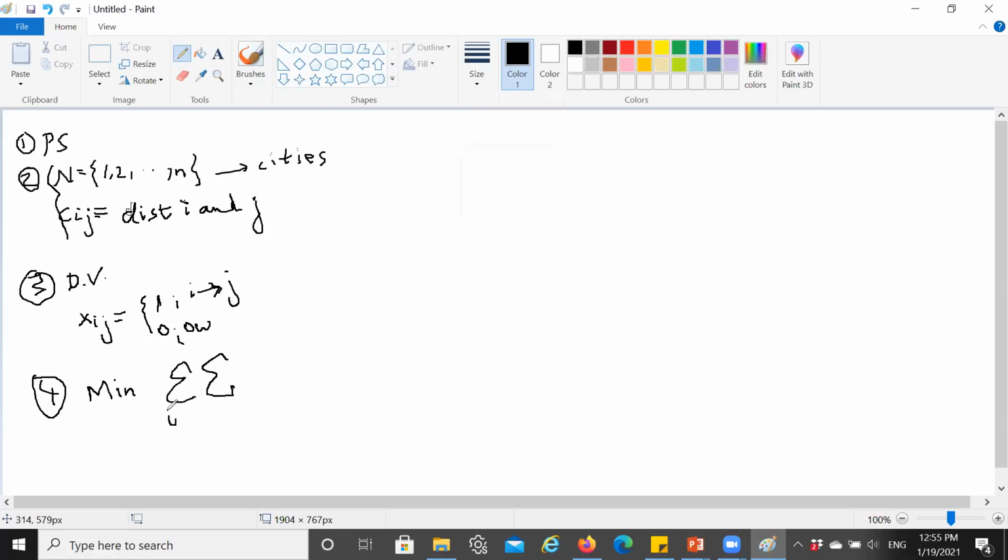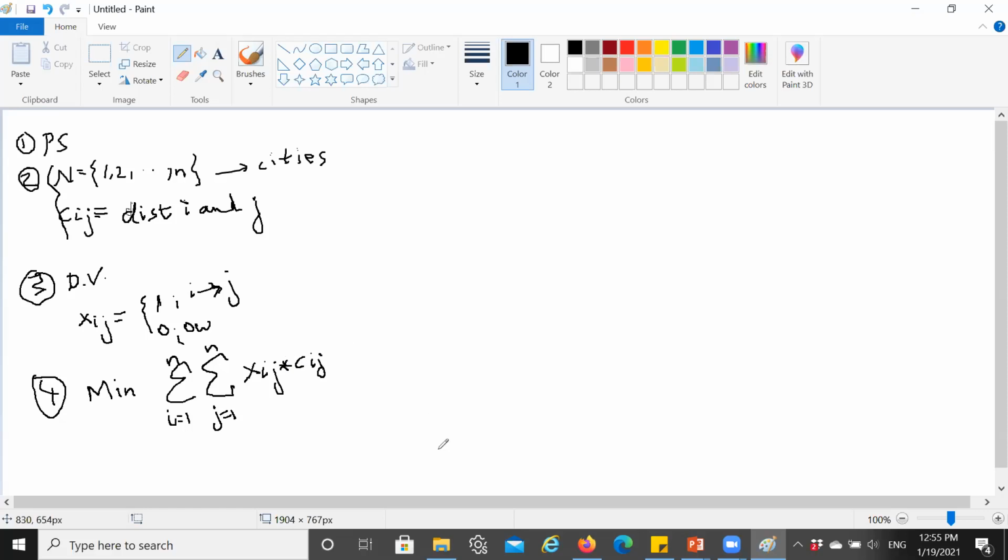The first summation is i from 1 to n. The second summation is j from 1 to n, okay? Xij multiplied by Cij. Is it clear?